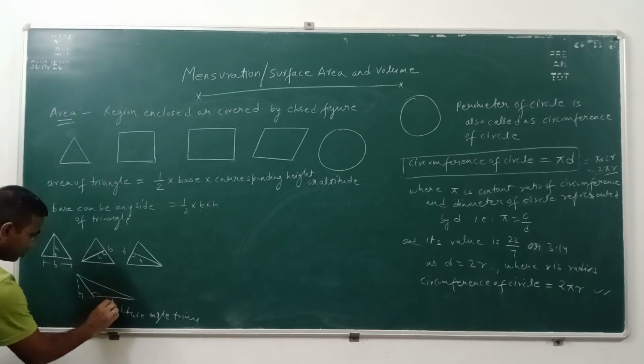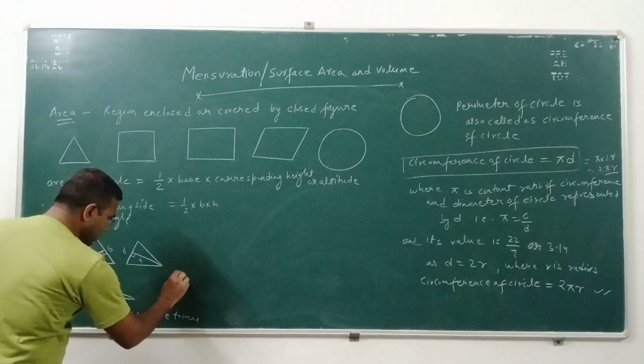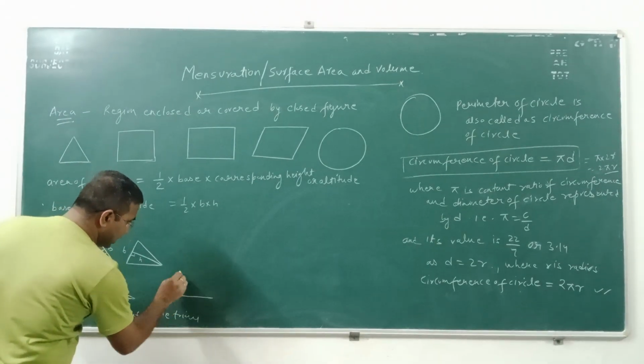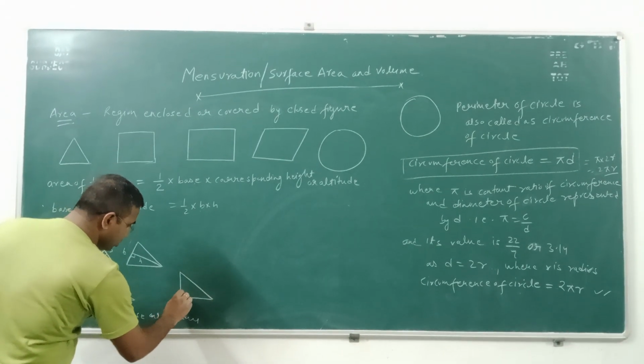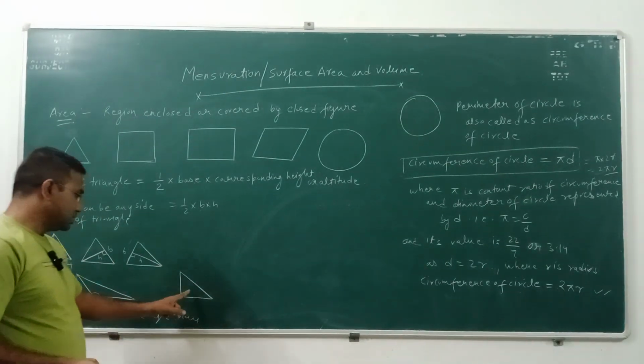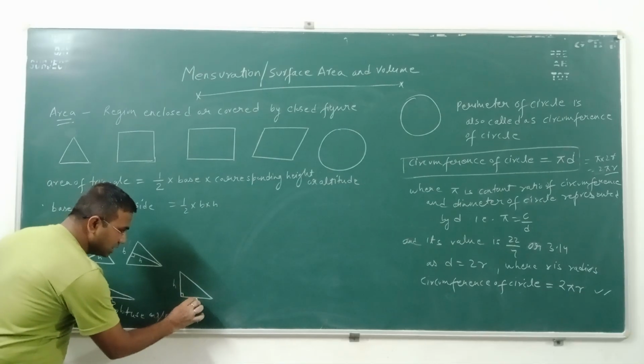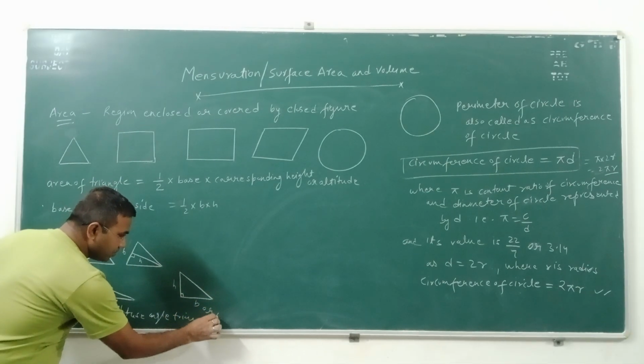So this will be called the base and this will be called the height. And suppose you have drawn a right angle triangle, the sides which include the 90 degree angle, one of them will be called the height and the other the base.